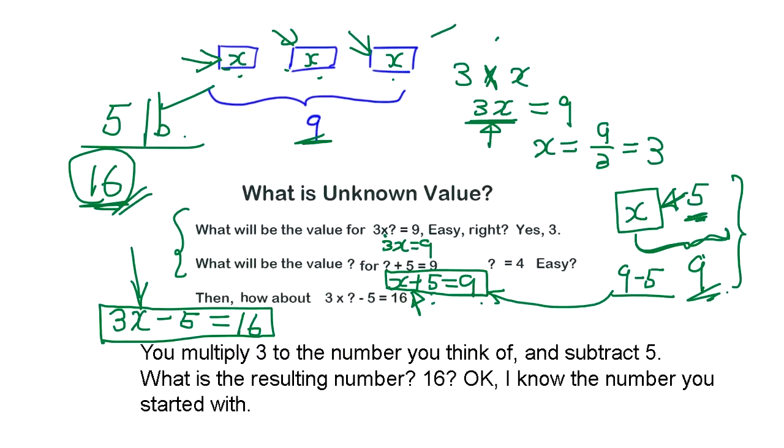How do we figure it out? If you learn how to write an equation using an unknown value like this, your algebra is 50% complete. Now you have to learn how to figure out this x from the equation.